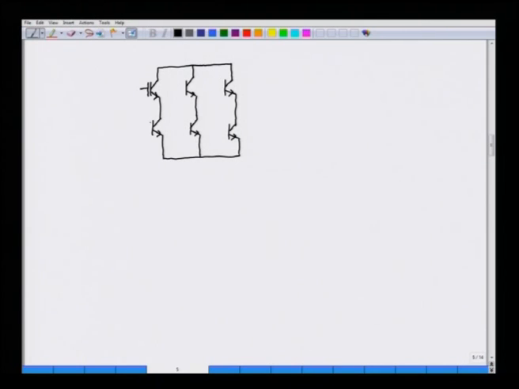These are the gates of the IGBTs. The feedback diodes.